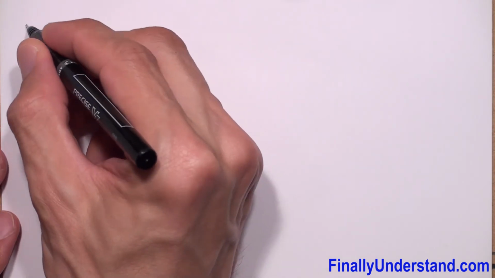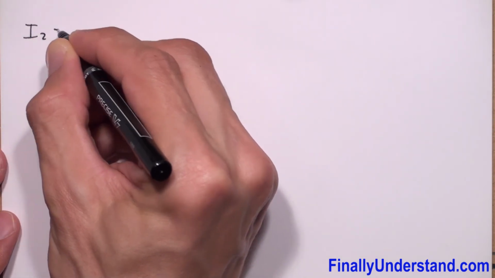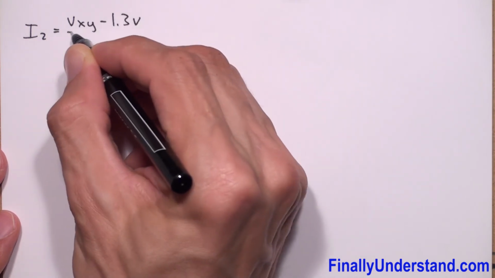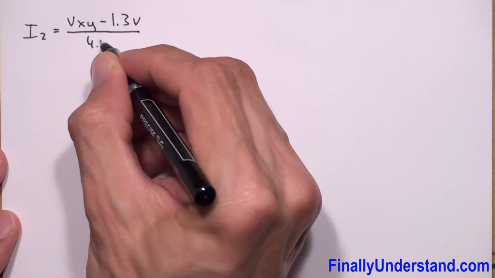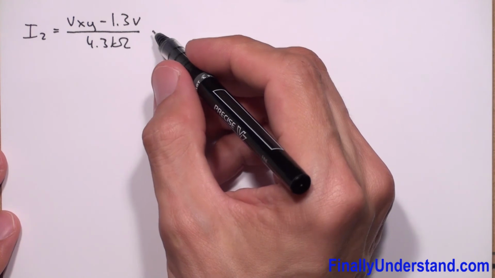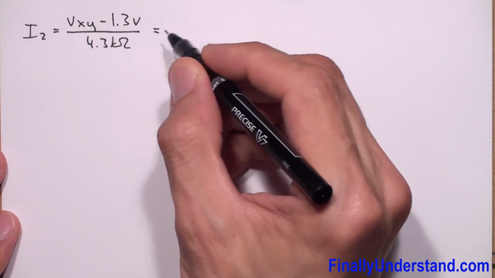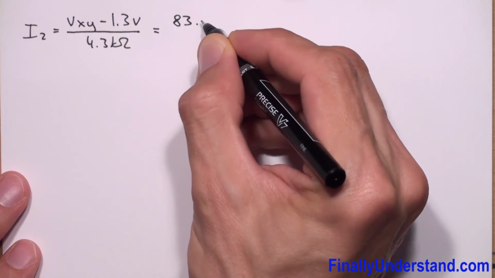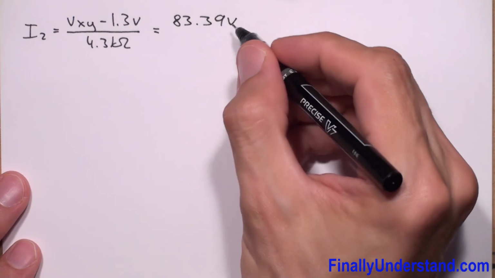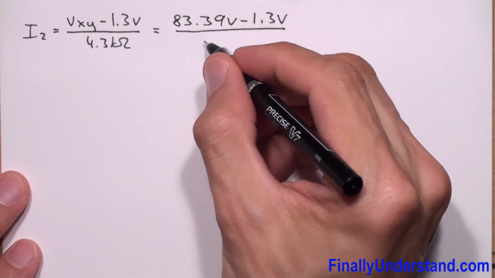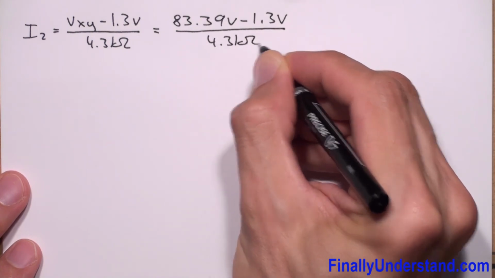Okay, so let me copy this down. I have I2 is equal to VXY minus 1.3 volts over 4.3 kilohms. So this is equal to, VXY we found is 83.39 volts, minus 1.3 volts over 4.3 kilohms.